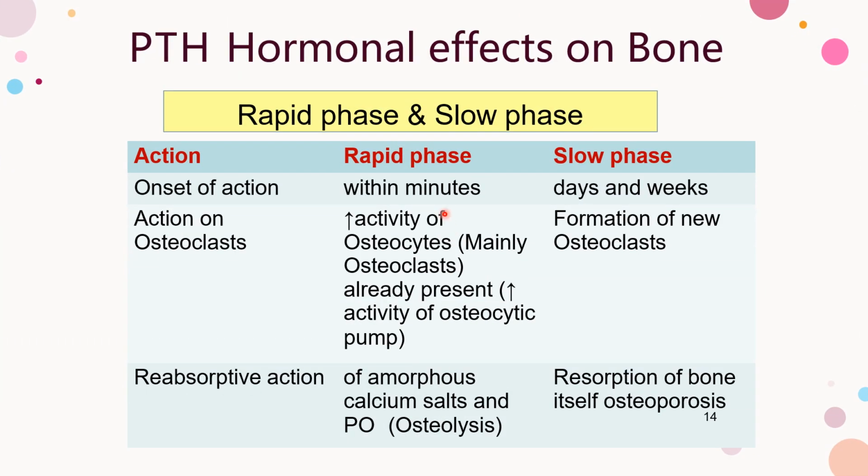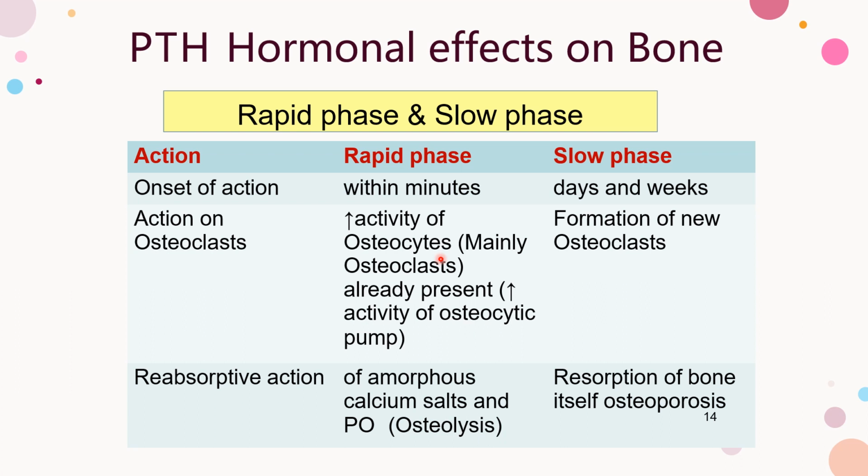So the hormonal effects on bone are in two phases, rapid and slow phase. Rapid phase action occurs within minutes and slow phase takes days to weeks. In the rapid phase, it increases the activity of osteocytes, mainly osteoclasts already present, and increases the activity of the osteocytic pump.